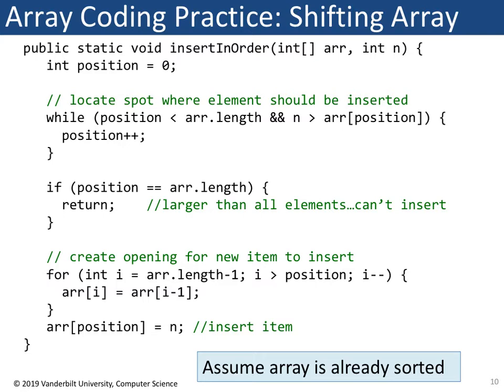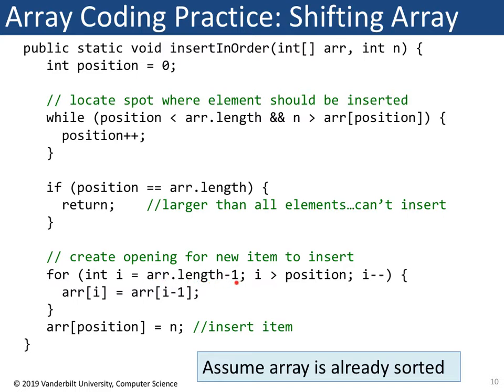To do this, like we mentioned previously, when we're doing a right shift, we have to start processing from the rightmost element of the array. So this is something a little different. We're going to use a for loop that counts down instead of a for loop that counts up. So we're going to initialize I to be the last index.